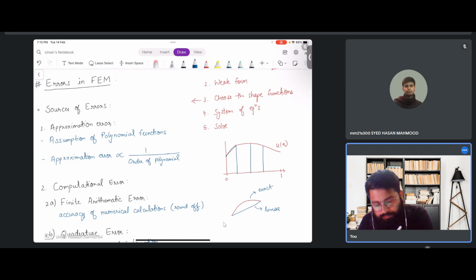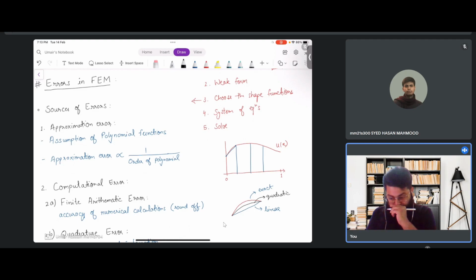If we choose a quadratic function, it would be closer to the exact solution. As we keep increasing the degree of the polynomial, we approach the exact solution. If the exact solution is itself a polynomial, then after increasing the degree enough, we'll reach the exact solution.